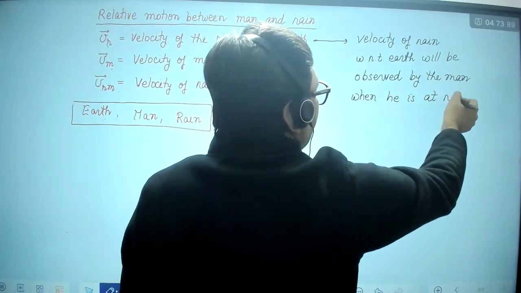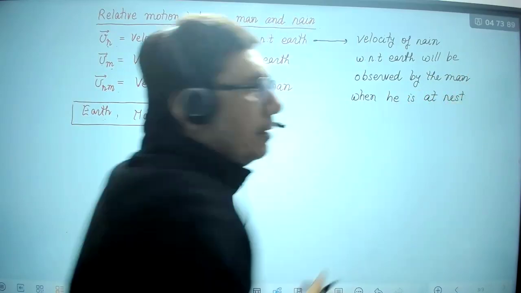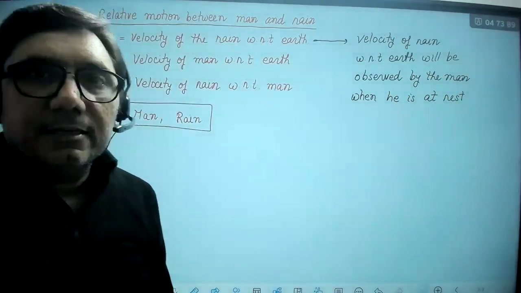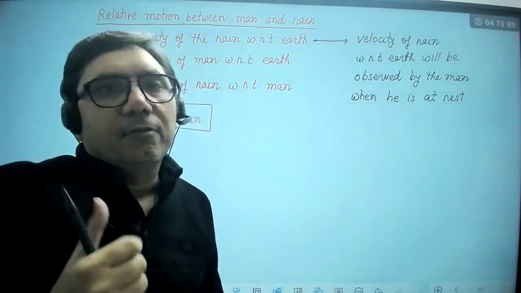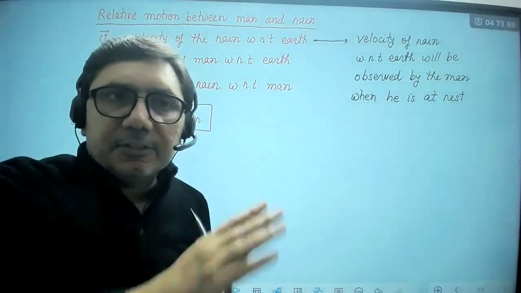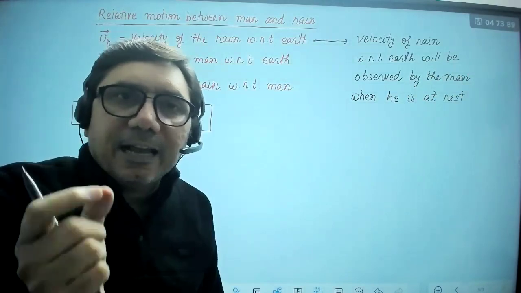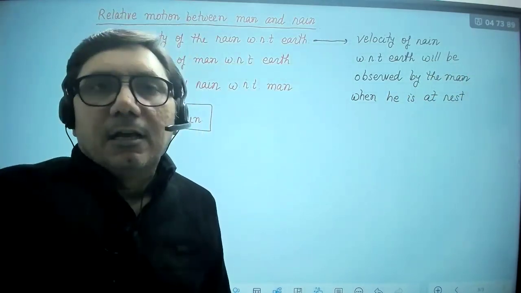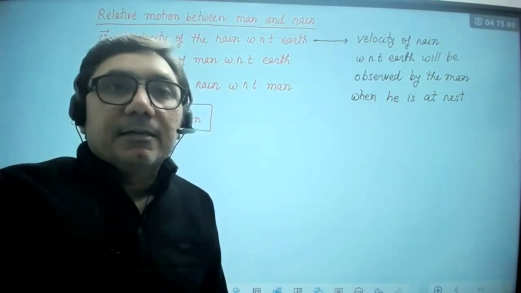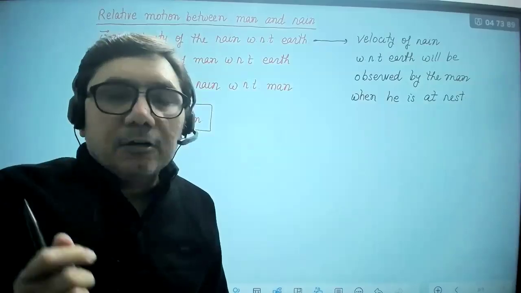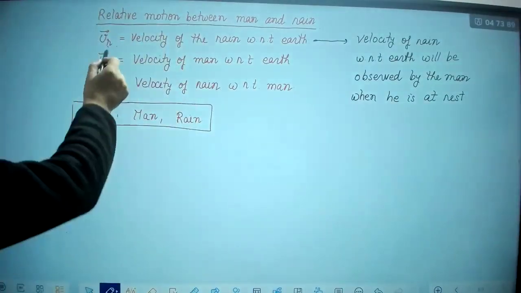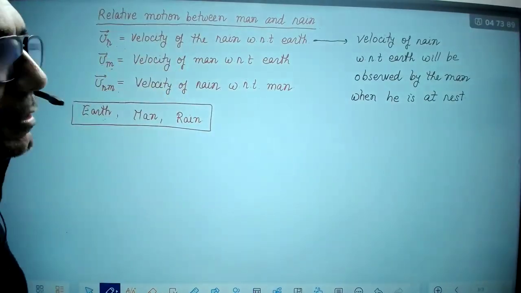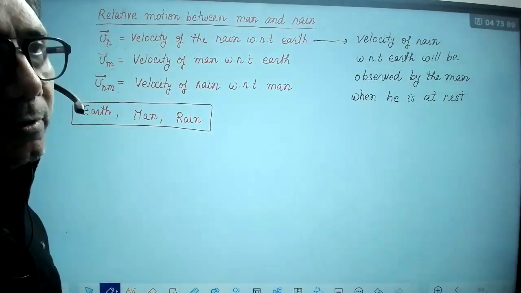This is important. If you are standing on the earth, you are not moving. Try to understand. You will observe the actual direction of the rainfall, the direction in which rain is falling. If you are standing on the earth, you are not moving, then you will observe this one, velocity of the rain with respect to earth. Only then you can observe this.